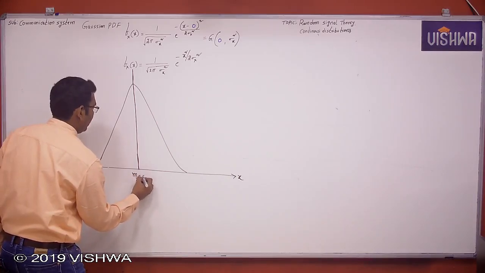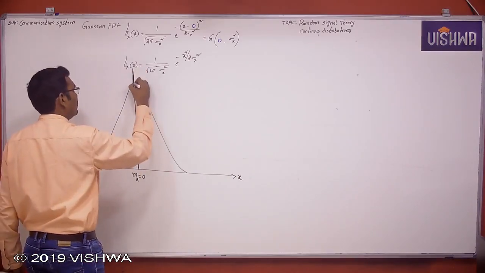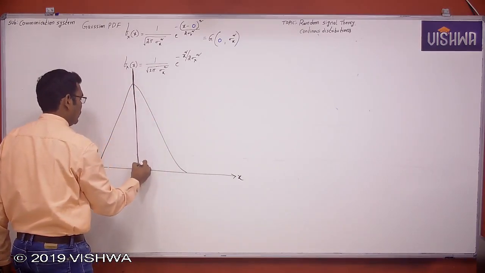This is the probability density function which is centered at mean equal to 0.